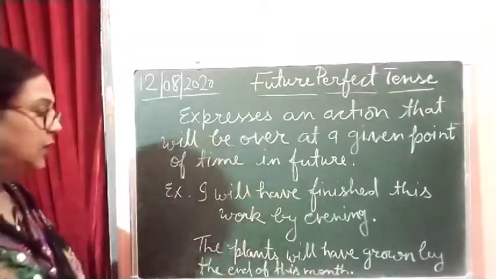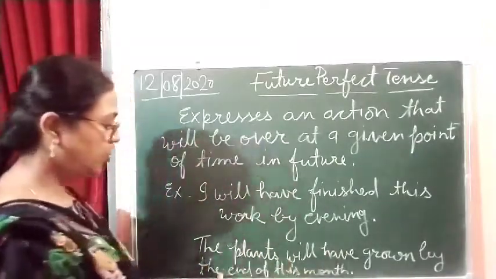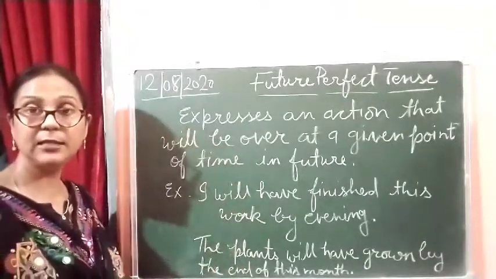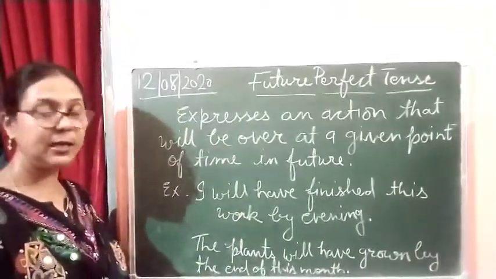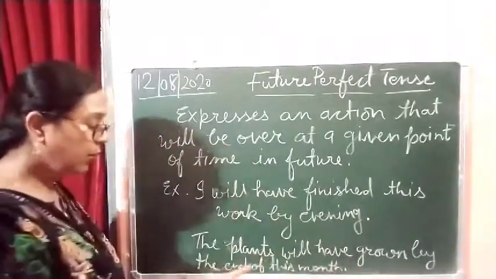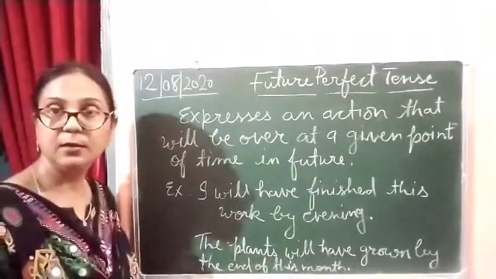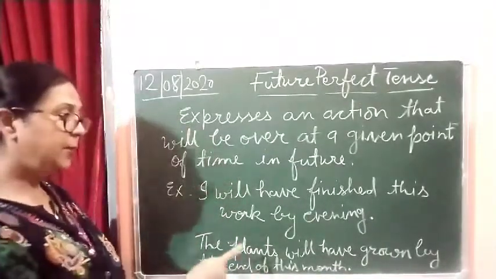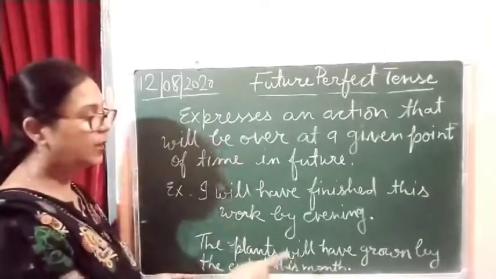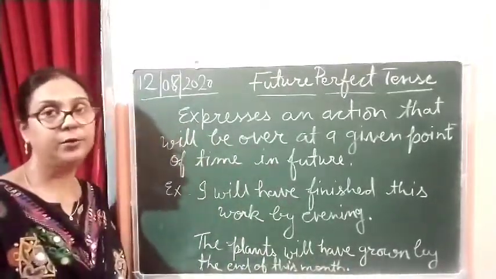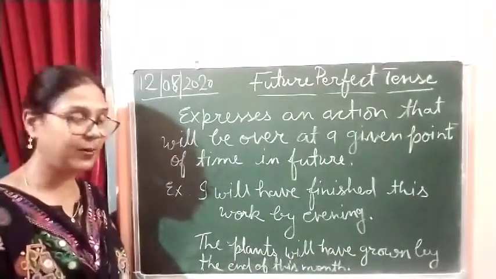Now the second example: the plants will have grown by the end of this month. In this sentence you can see the plants will have, and then grown. Grown is the third form of the verb, or you can say the past participle.